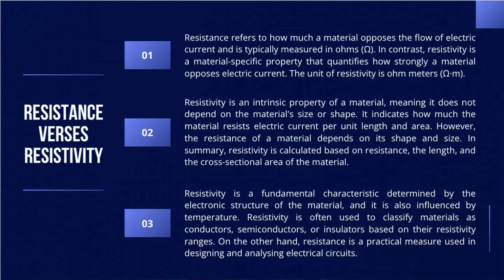Resistivity is often used to classify materials as conductors, semiconductors, or insulators based on their resistivity ranges. On the other hand, resistance is a practical measure used in designing and analyzing electrical circuits. When analyzing a circuit, it is crucial to ensure that the components operate safely under specific electrical current.